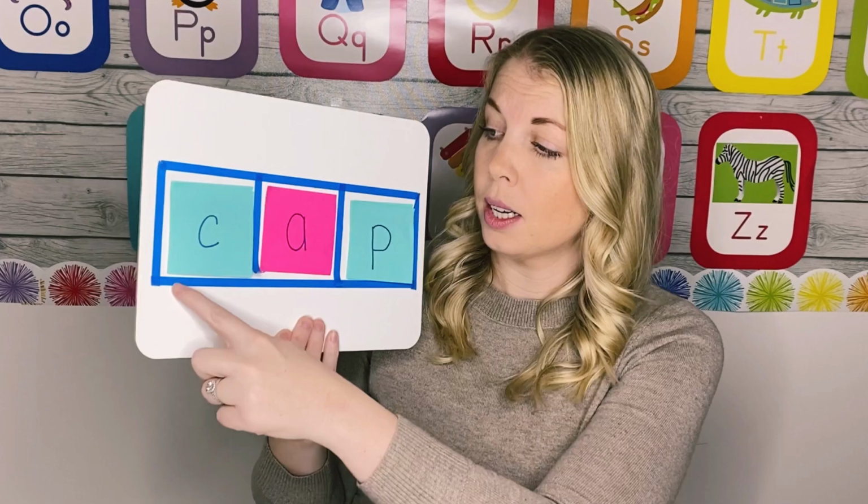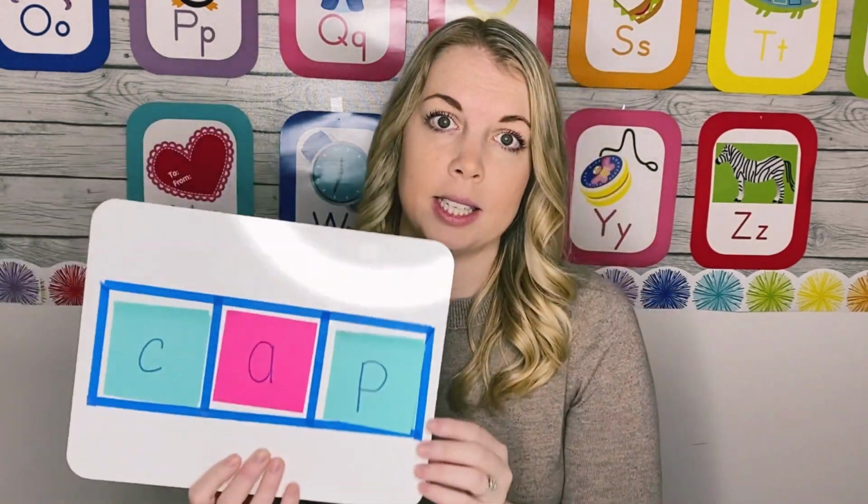So they are actually reading the word k, ap, cap, sound by sound, just like that. So really, you want to make sure that your students are able to do oral blending first before you move on to reading, because it's the first step in learning how to blend a CVC word.